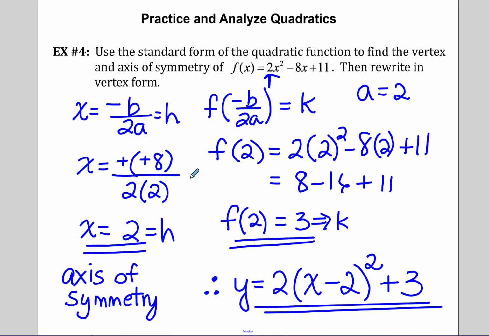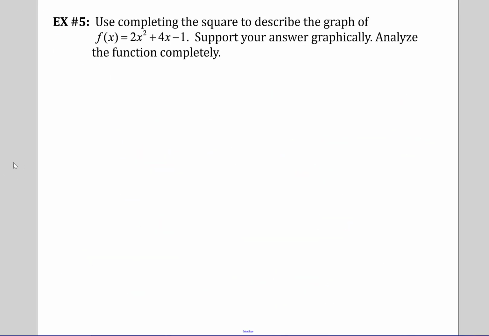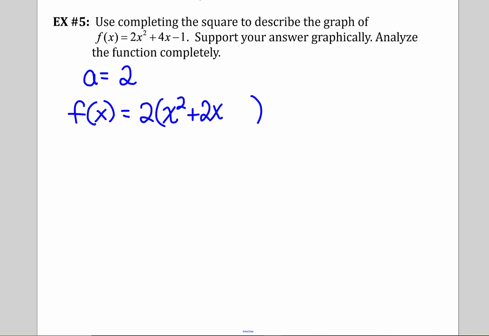So you have the opportunity to get vertex form that way, or we can get vertex form using completing the square. Now this one is a more pre-calc level because my a value is 2, and I need to pull the 2 out in front of the factors. So 2 leaves an x squared here, and 2 out of the 4 leaves a 2 on the inside with the 2x.